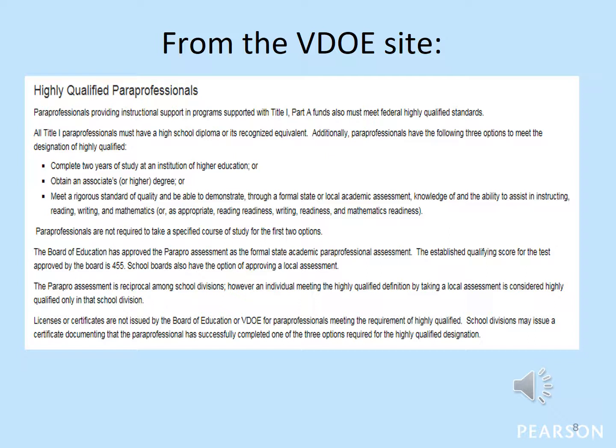Additionally, paraprofessionals must meet one of the following: complete 2 years of study at an institution of higher learning, or obtain an associate's or higher degree, or meet a rigorous standard of quality and be able to demonstrate through a formal state or local academic assessment knowledge of and the ability to assist instructing reading, writing, or mathematics, or, as appropriate, reading readiness, writing readiness, and math readiness.